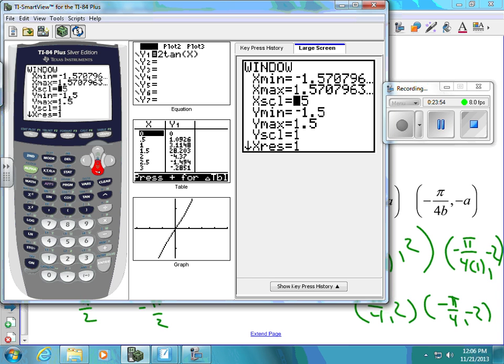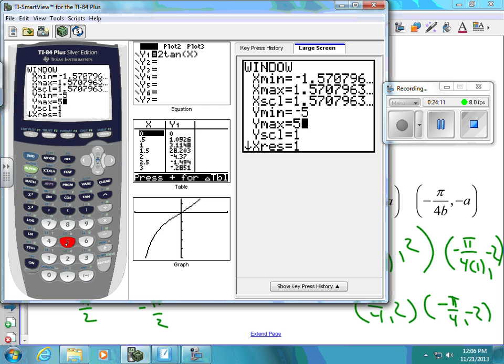We want our intervals to be pi over 4, so that's halfway between 0 and pi over 2. Our y min and our y max don't really matter all that much. We'll go from negative 5 to positive 5 because those go up forever. Those can go by 1s. If we want to get values to plot, we can do that too.